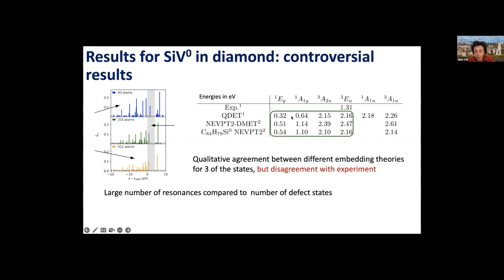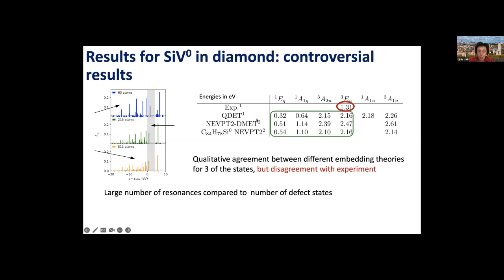And there were other calculations that were done, for example, with the MET and other embedding theories. And, qualitatively, we all have the same trend, but we all disagree with the experiment by 1 electron volt for one of the states. And this is still under investigation, and we don't understand.